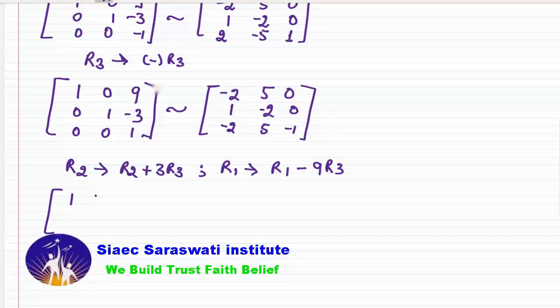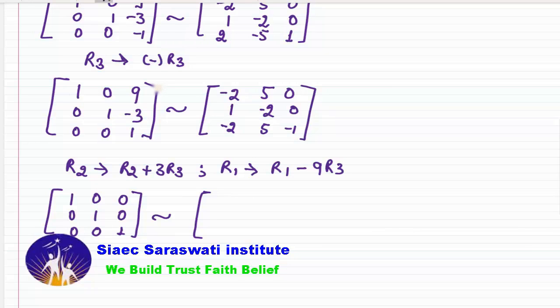So 1 0 0, 0 1 0, 0 0 1, and equivalent to this, on this side, when you multiply with this one 9 times, so minus 18 minus, then it will be 16.